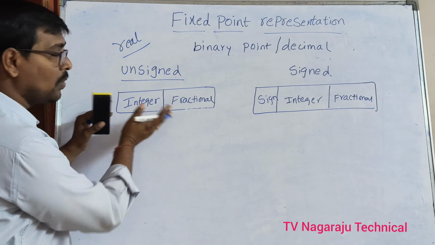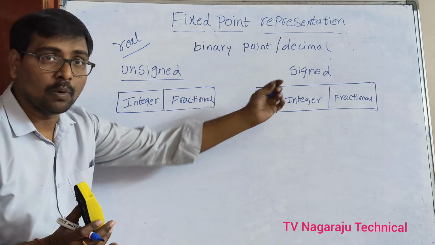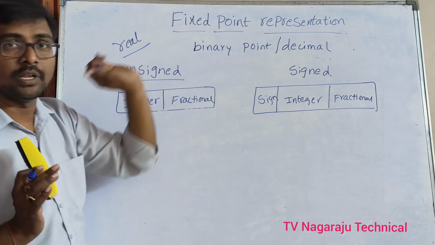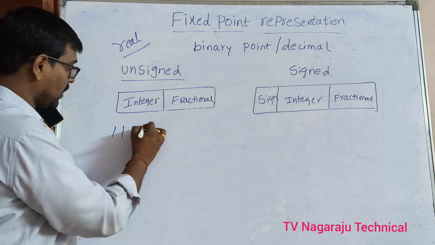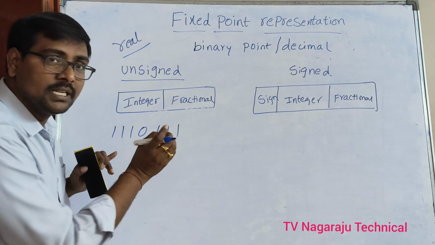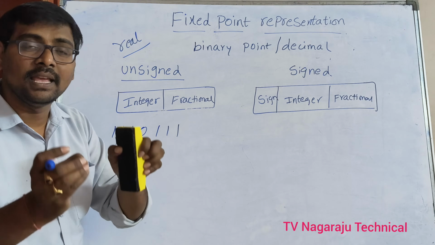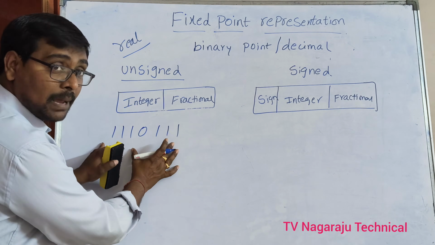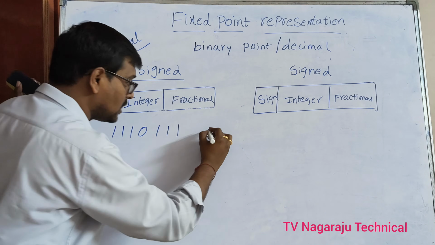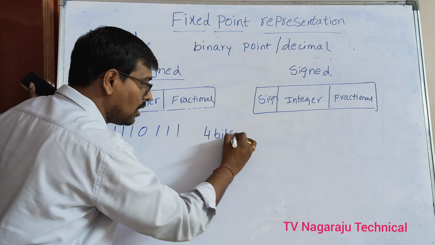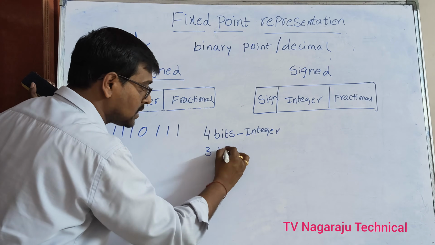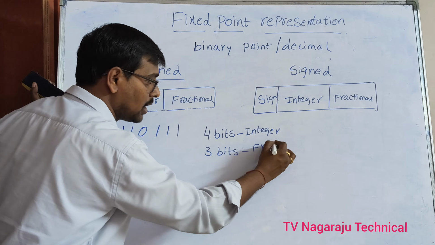Anyway, consider one example for each, to see how we represent the number in fixed point representation. Take any example. In the question they have given: convert this number into a fixed point representation such that 4 bits are used for the integer part and 3 bits are used for the fractional part.